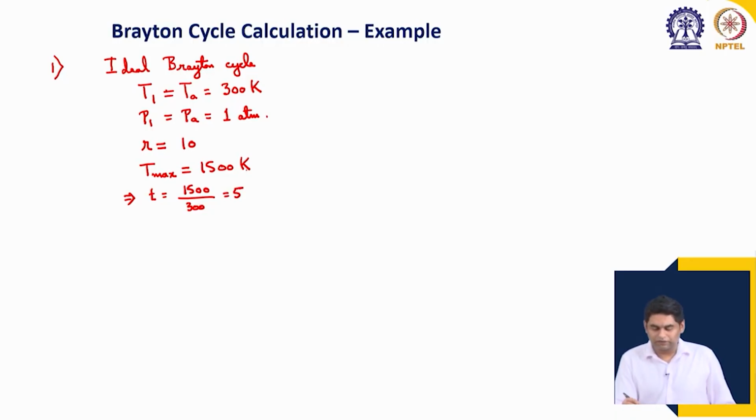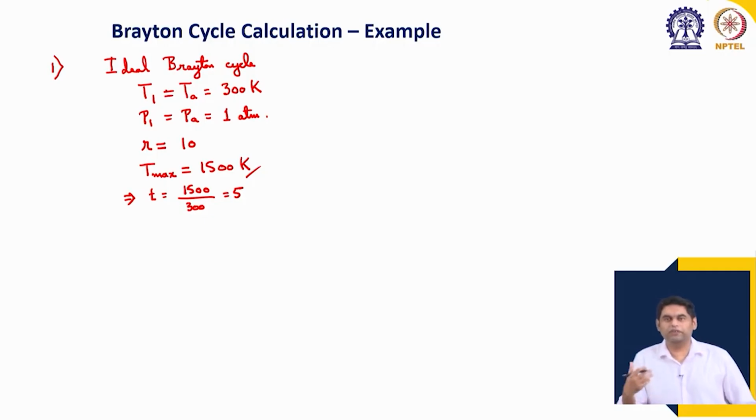Typically, we will know the maximum temperature possible in the cycle, because as we had discussed previously, this depends on the material of the turbine blades.